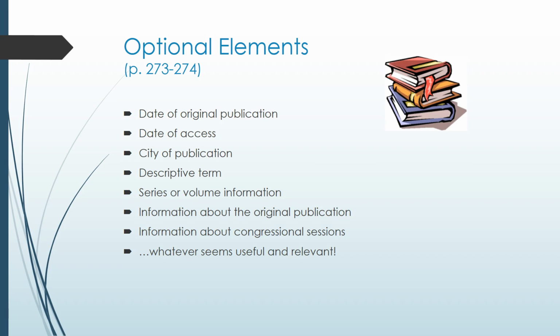Refer back to pages 273 to 274 for specifics on how to include optional elements, such as the date of the original publication, the date of access, the city of publication, a descriptive term, series or volume information, information about the original publication, or information about congressional sessions. Really, you should include whatever seems useful to the reader and relevant. The new guidelines give you much more flexibility to include relevant information in unusual or unique circumstances.